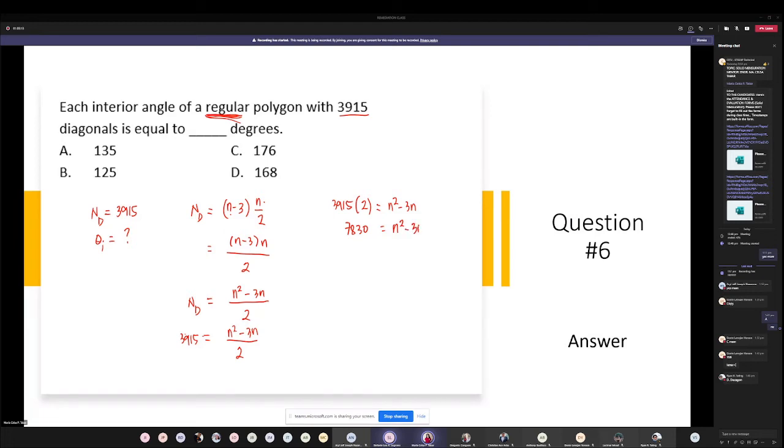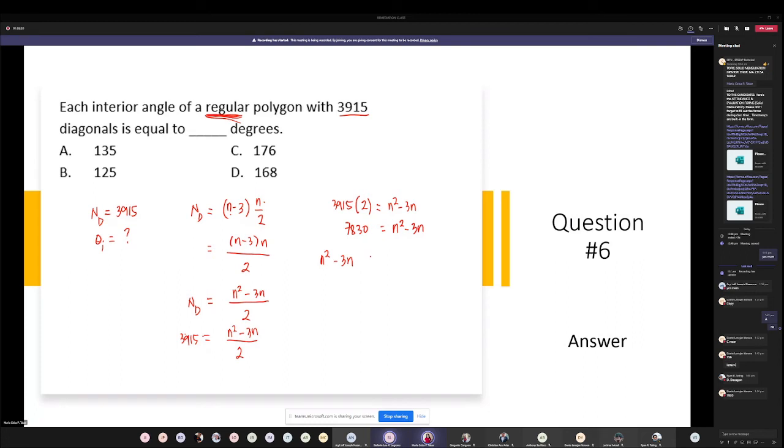So again, it's a quadratic equation. So there must be two values of n. It's possible that there are two answers, depending on the values of n. Okay.